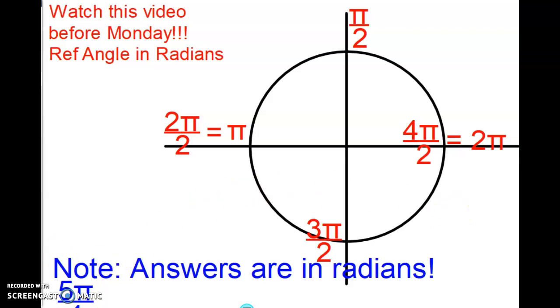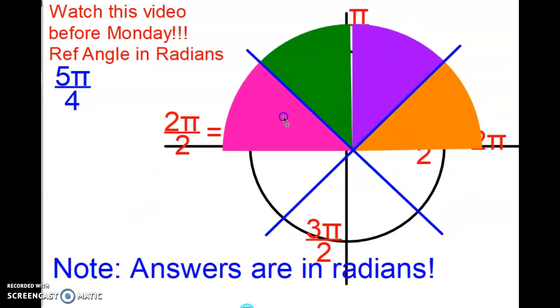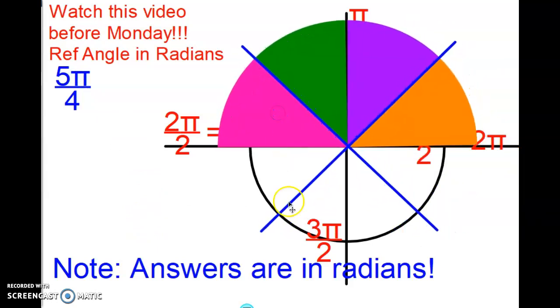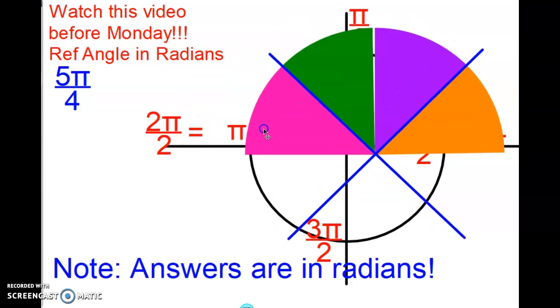Okay, so let's do a problem using this board. How about 5 pi over 4? Well, I need to break up this top into quarters. 1, 2, 3, 4. 4 sections to pi.